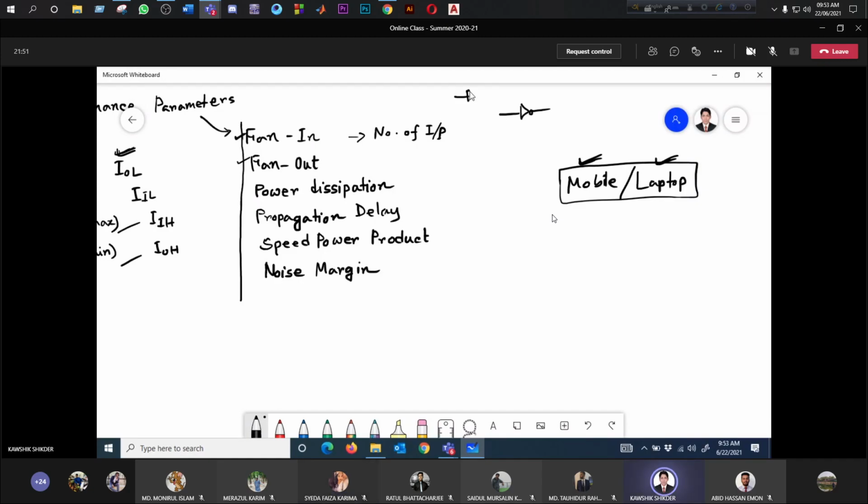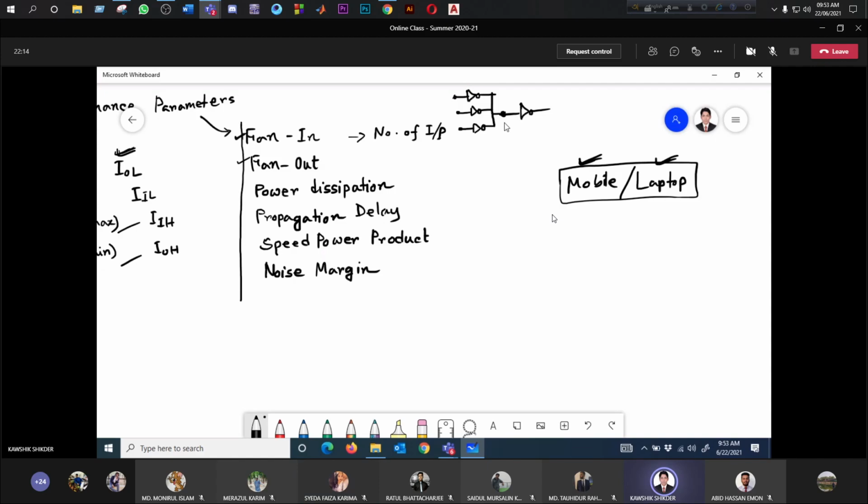But if I connect here all these to this input, then this inverter has the capability to take only one input, but forcefully three inputs are connected.